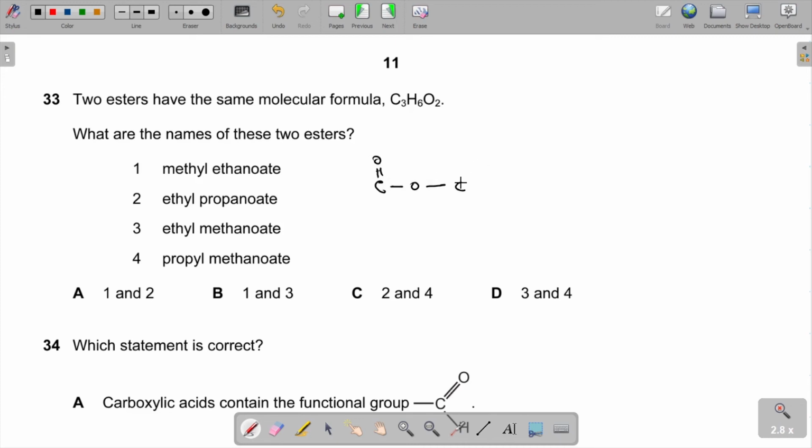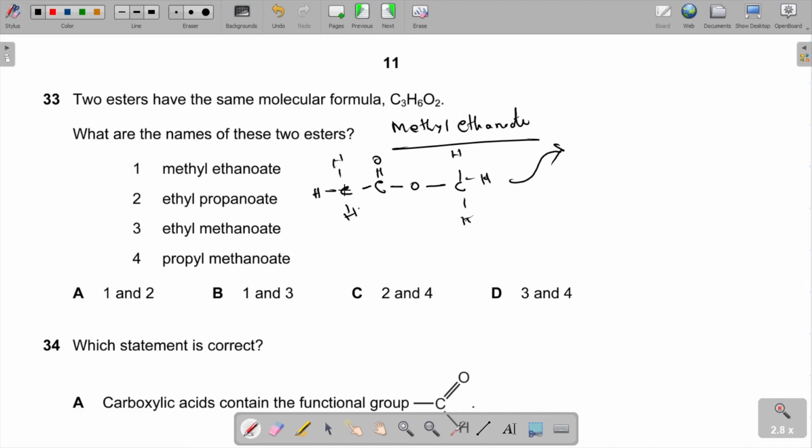Methyl will only have one carbon, and eth means two carbons. So we're going to be drawing this. Okay, so this is methyl ethanoate.